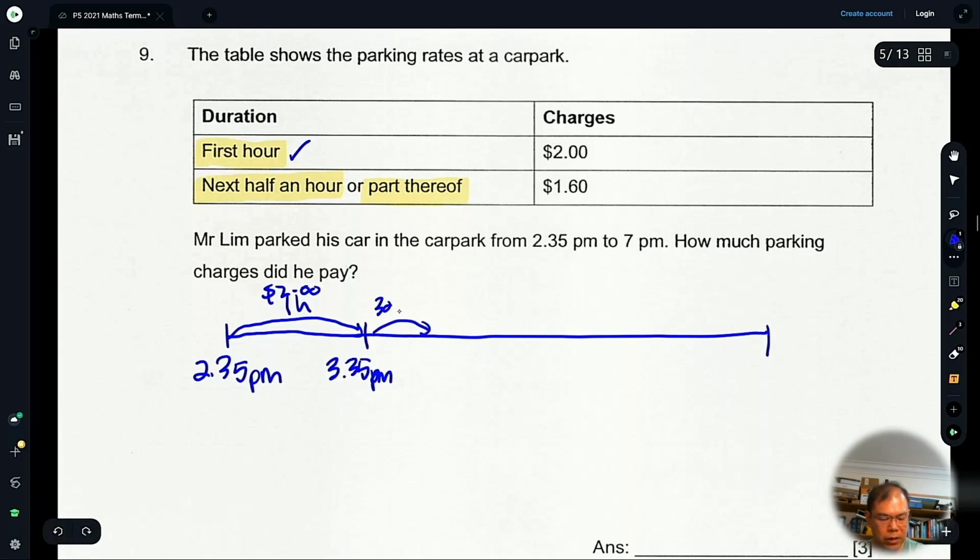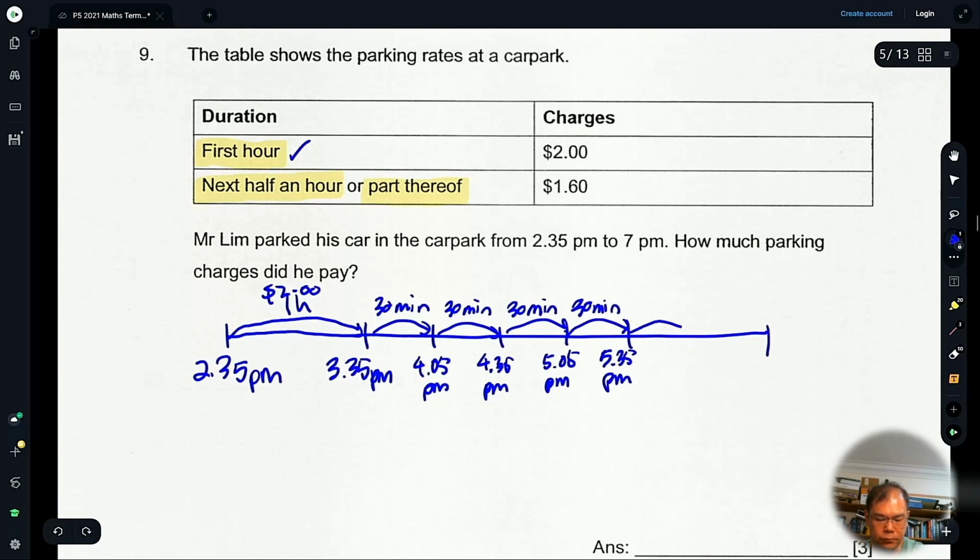So 30 minutes, that will be 4:05 p.m. Another 30 minutes, that will be 4:35 p.m. Another 30 minutes, that will be 5:05 p.m. Another 30 minutes, 5:35 p.m. Another 30 minutes, 6:05 p.m. Another 30 minutes, 6:35 p.m. Okay, my line is not long enough, I'm going to extend it.